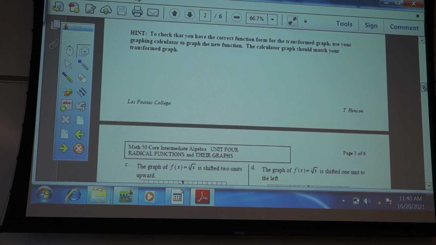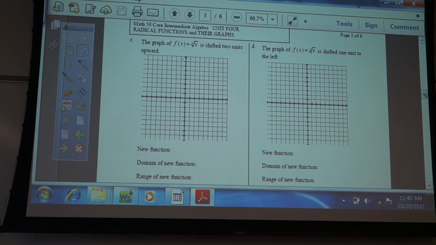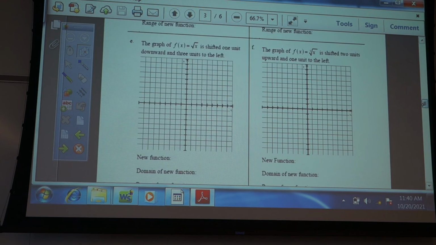You can check this on a graphing calculator, not a big problem. So I'm going to have you folks do C, D, E, and F.